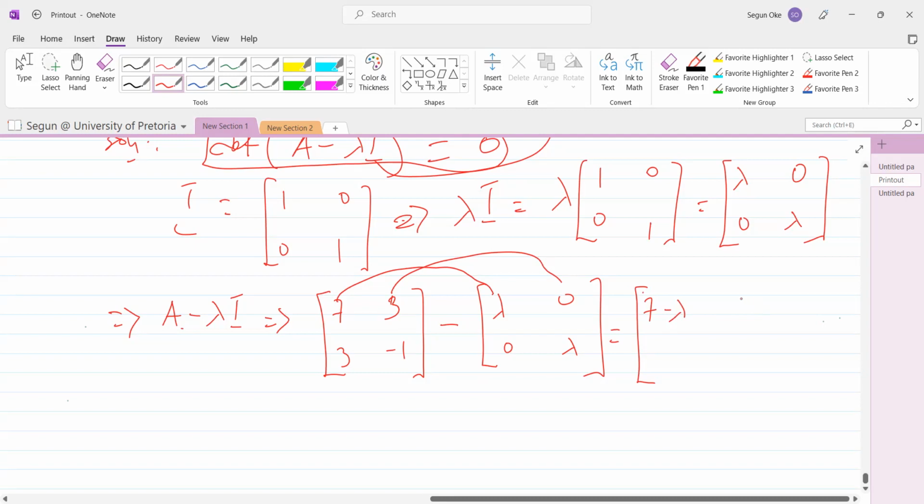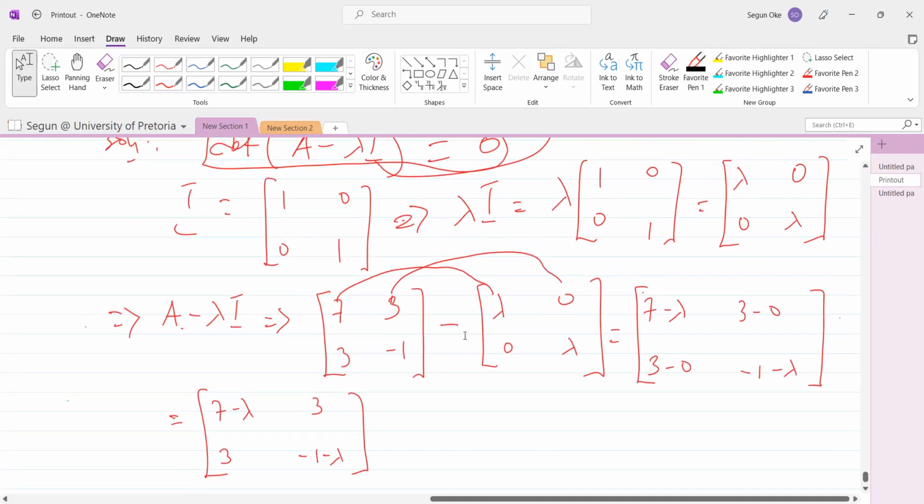The next thing is 3 minus 0. The next thing is 3 minus 0. Then minus 1 minus lambda. So at the end of the day, we have 7 minus lambda, 3, and 3. Then we have minus 1 minus lambda. So these are the things you are going to work with. So that is step 2.